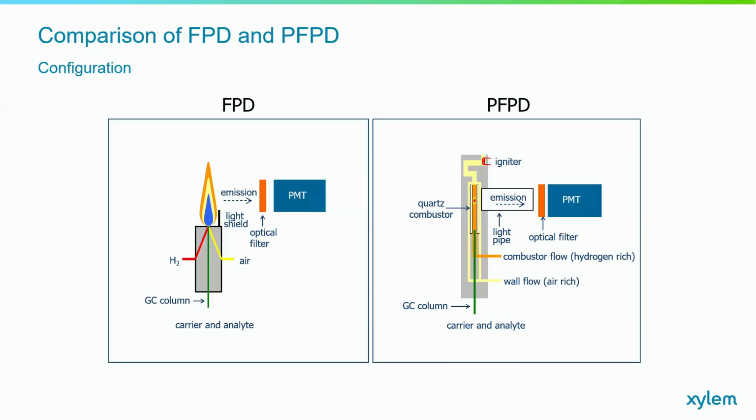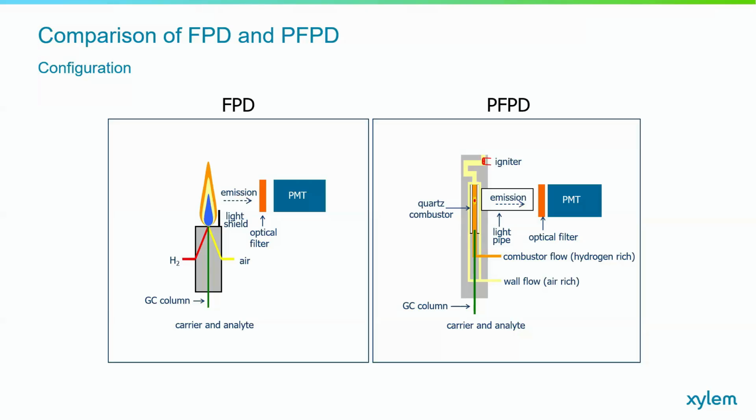And as analytes come from a GC, they are combusted within a flame. These combustion products and emitting species that are formed are identical in both detectors. The main difference is that while the FPD has a continuous static flame, the PFPD pulses a flame at a set frequency throughout the body of its detector.